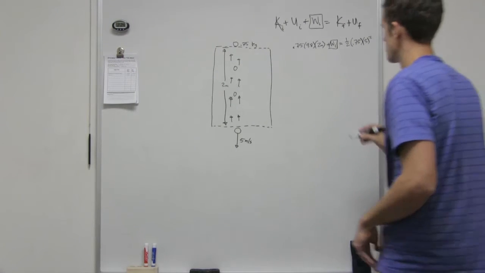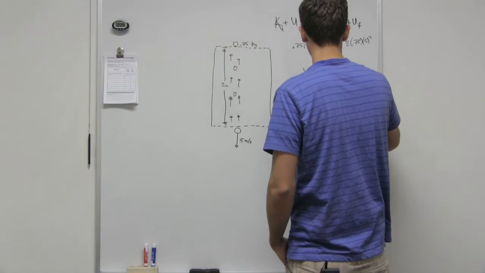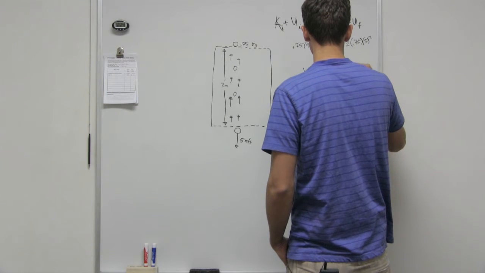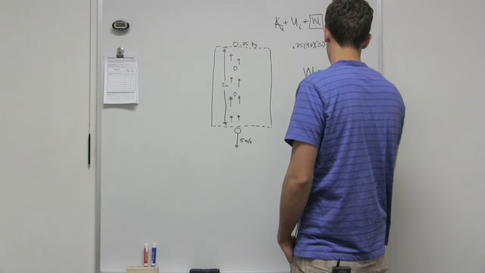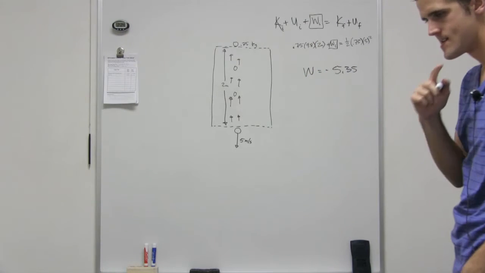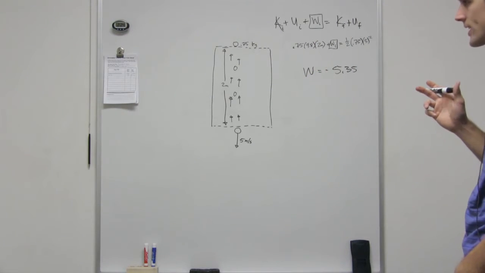I get 5.325. And is there a sign on that? Negative. Yeah. So why is the work negative?